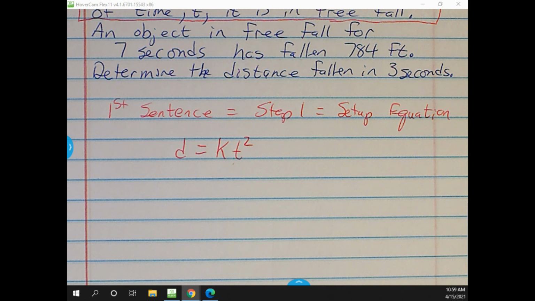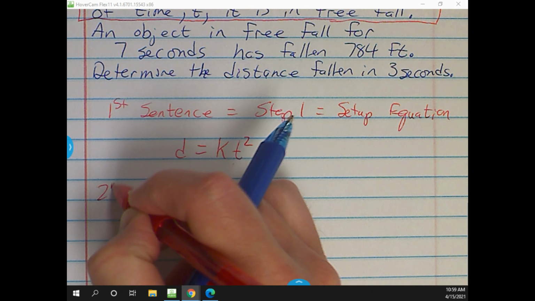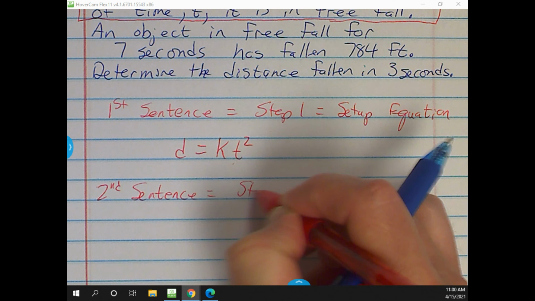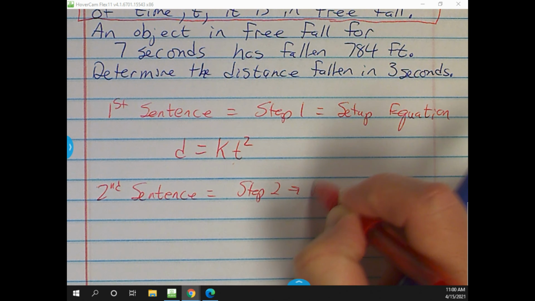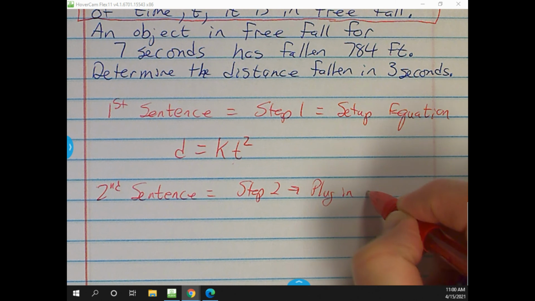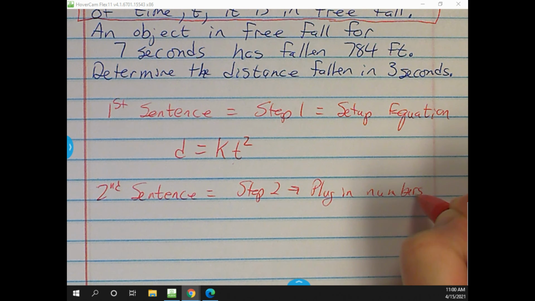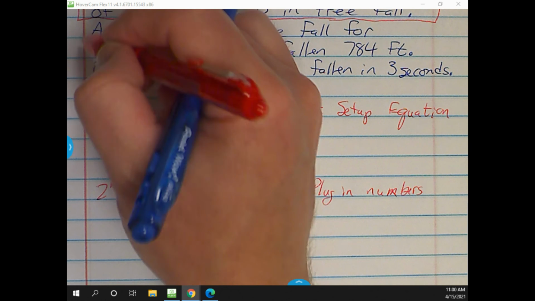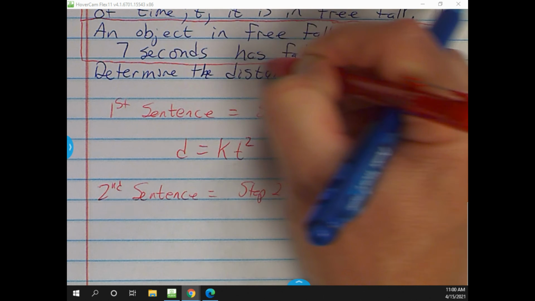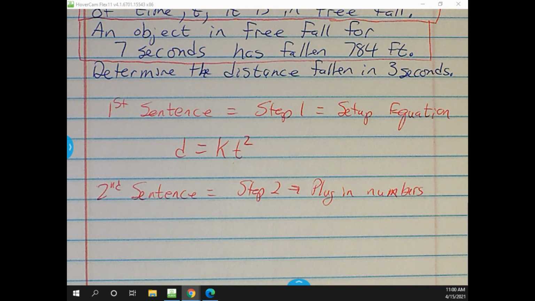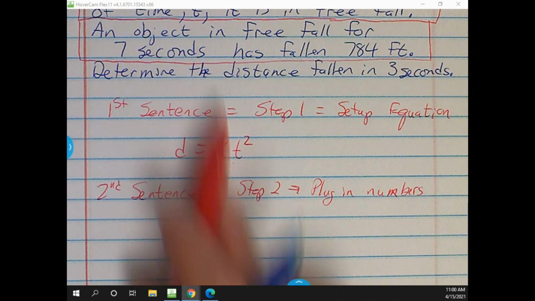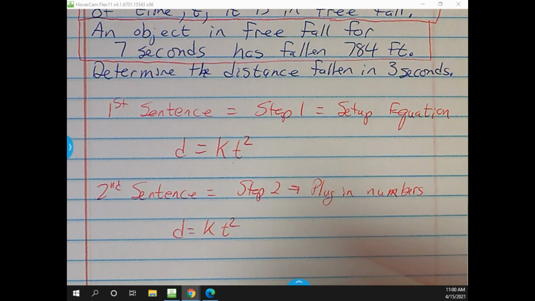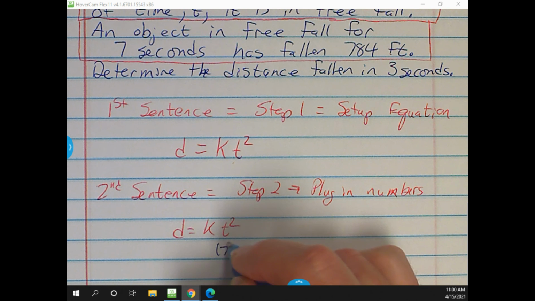Okay, your second sentence is telling you what numbers to plug in. So it says the 7 seconds, that's our time, so we're going to plug in 7 for time.